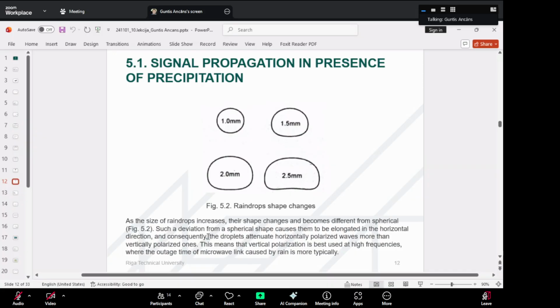Due to this physical phenomenon, vertical polarization is best used at high frequencies, where the outage time of a microwave link caused by rain is more typical.